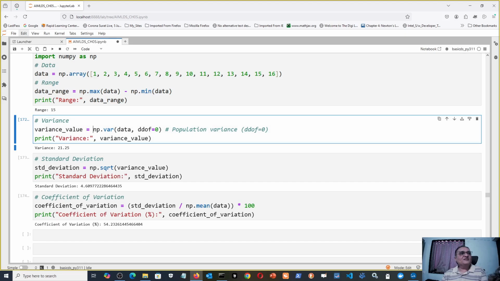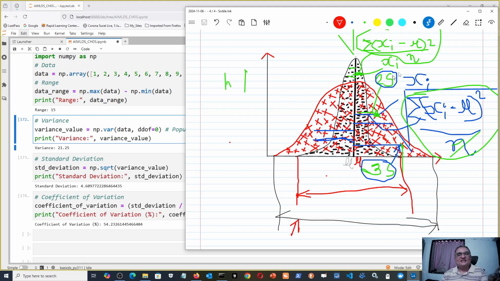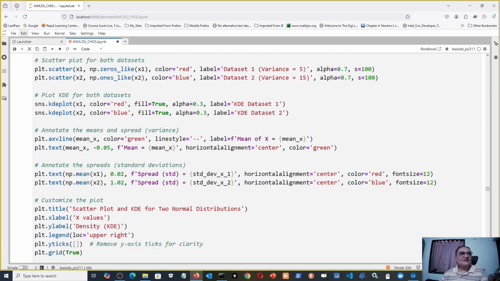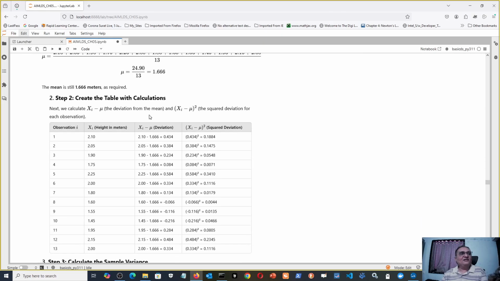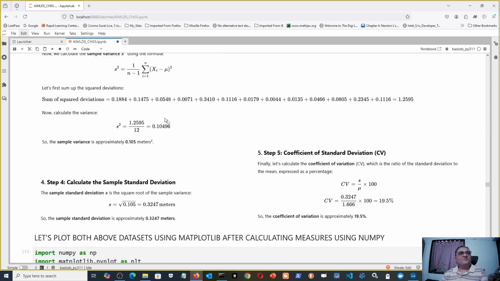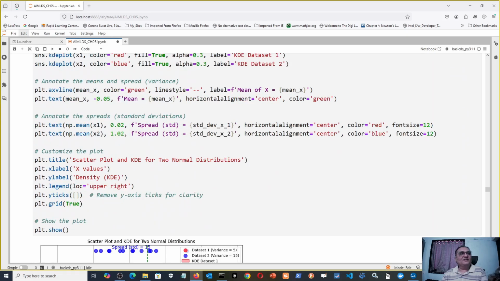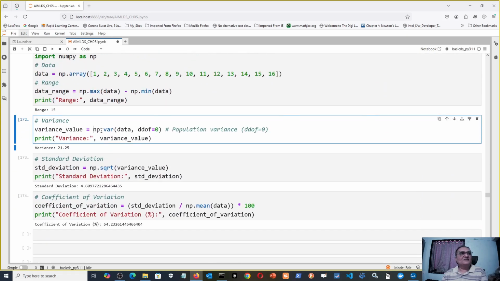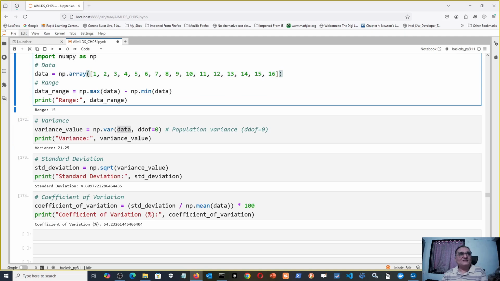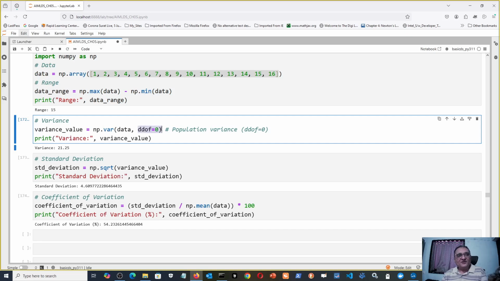Then variance. Now we don't have to do all this exercise which I have shown in this table, that first find the mean, then find xi minus mu, then xi minus mu whole square, and then take the square root and everything, nothing doing. NumPy has just a function np.var, and just provide it with two arguments. The first argument is data. Data should be passed as a numpy array, so don't pass it as a list, otherwise it will throw an error. The second argument is what I was talking about.